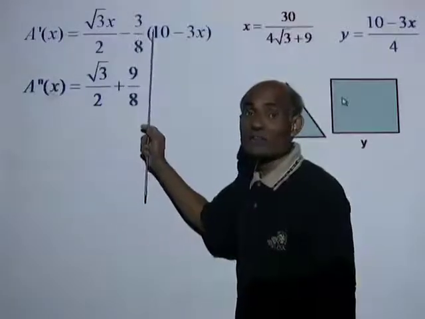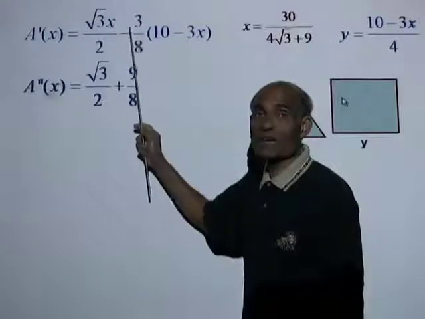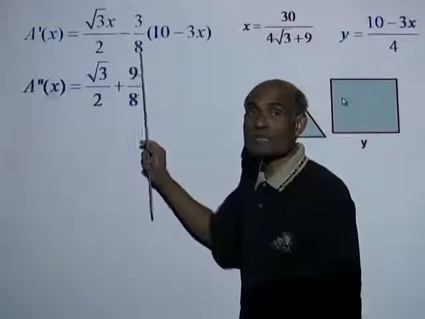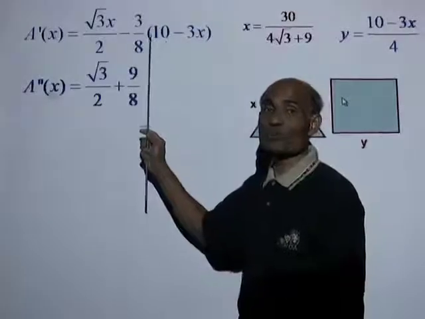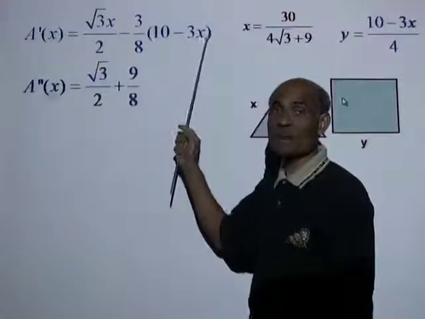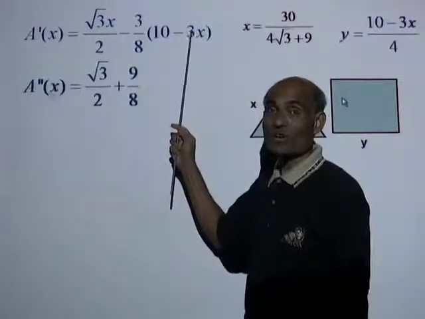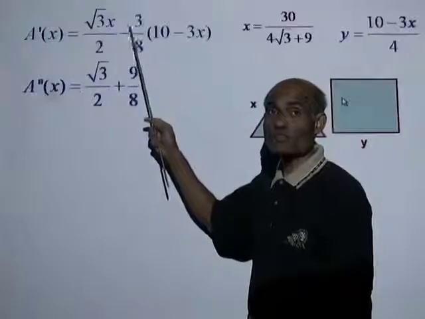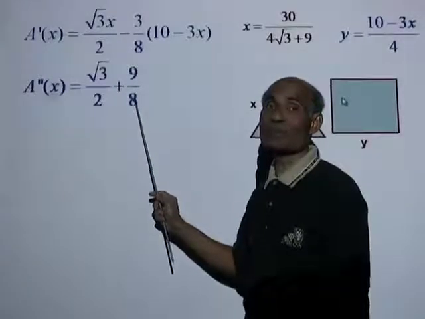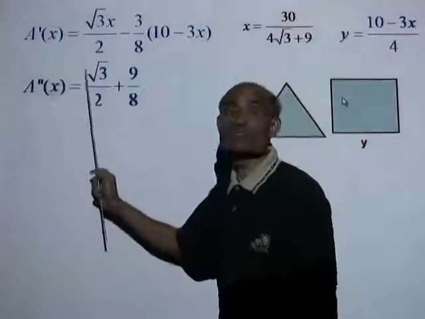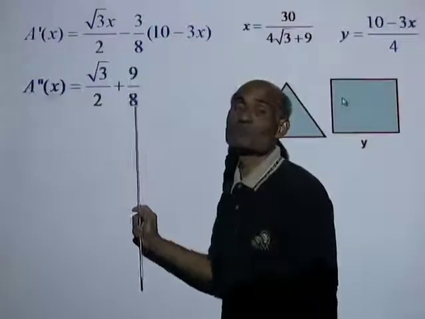And the derivative of, let's leave the negative 3 over 8 there, it will be negative 3 over 8 times the derivative of 10 minus 3x. What is the derivative of 10 minus 3x? That is negative 3. So it will be negative 3 times negative 3 over 8. That is negative 9 over 8. So the second derivative is square root 3 over 2 plus 9 over 8.